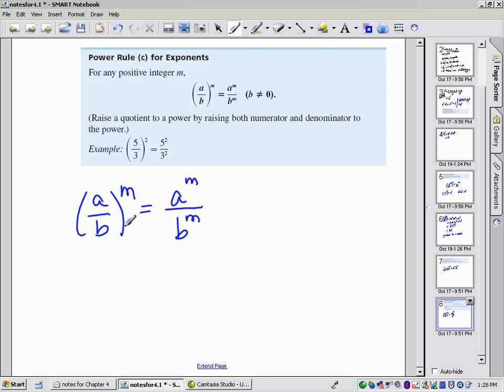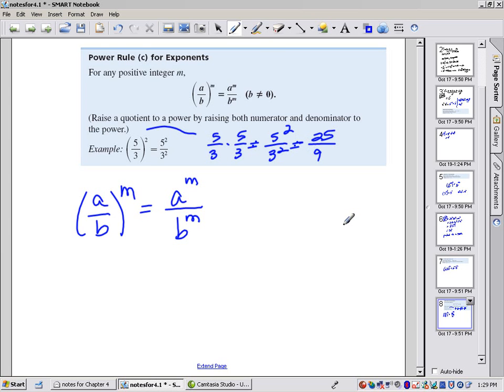So then to multiply fractions, you multiply the numerators, multiply the denominators, so a is repeating m times as well as the b is repeating m times. And here's an example. If you have 5 over 3 squared, that's really 5/3 times 5/3, which is, as I have written, 5 squared over 3 squared, which you could simply write as 25 over 9. Okay?